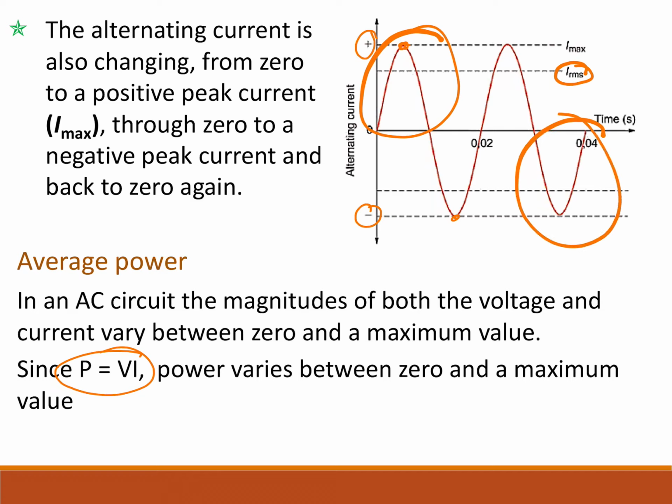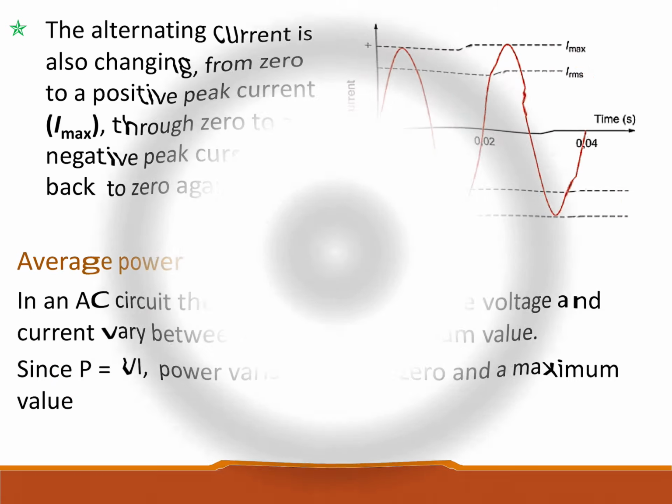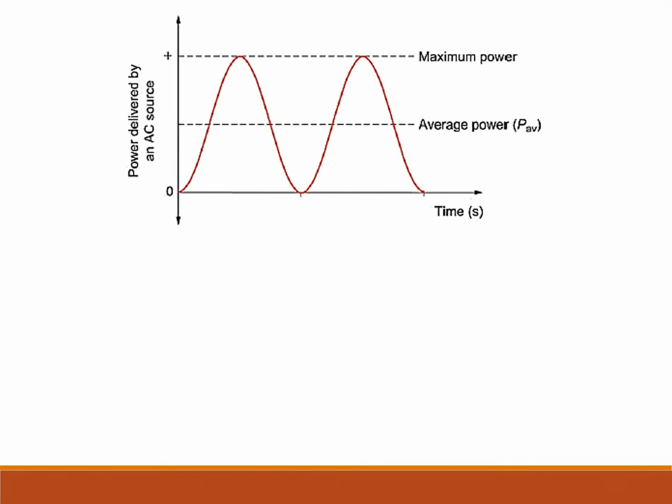When current is negative, voltage is negative. So either way, you're multiplying two positive values together or two negative values together, they'll give you a positive answer. So that means the graph for power looks slightly different in that it never goes through a negative.